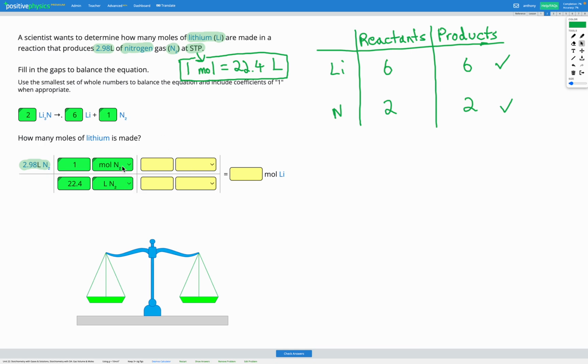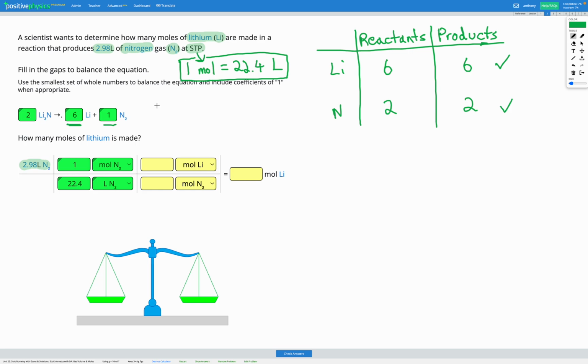Now I need to convert from moles of nitrogen to moles of lithium. So this is where I'm going to use my balanced equation to figure out the ratio between nitrogen and lithium. So let's fill in our units in our next column. We're going from moles of nitrogen, that's on the bottom so it will cancel out, into moles of lithium. And for our number, we're looking in our equation and we have 6 moles of lithium produced for every 1 mole of nitrogen produced.